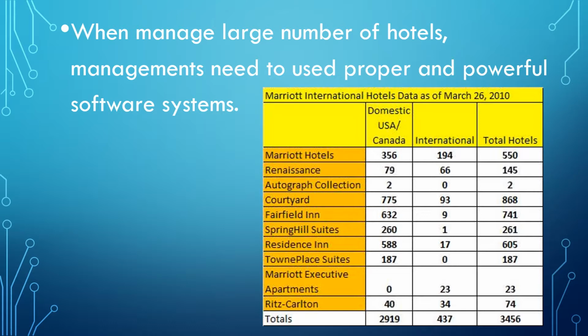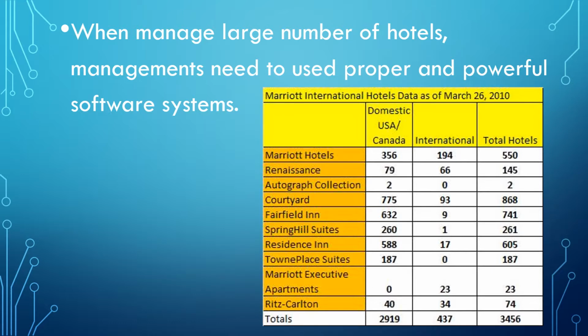We'll take one example, Marriott Hotel. According to this diagram, this table related to 2010, I think you can see they have Canada, International, USA, Canada and International. They compared. So Marriott Hotel, their mother branch is Canada, and they have 356 hotels in Canada.